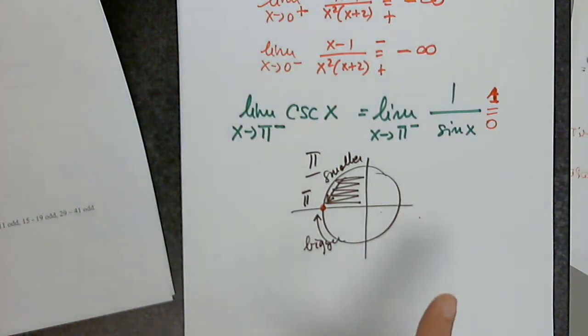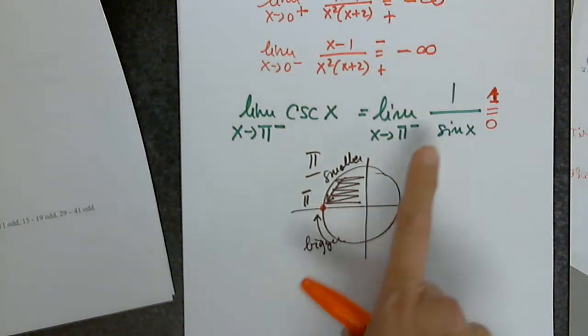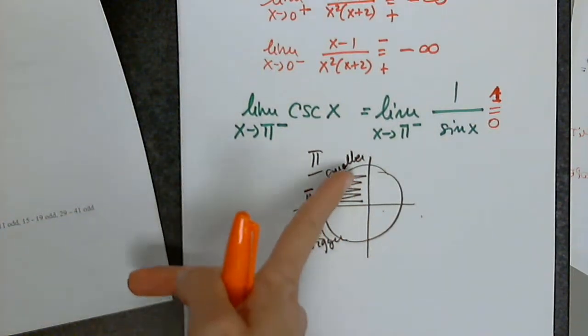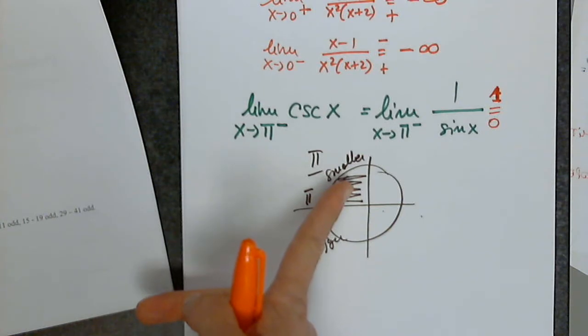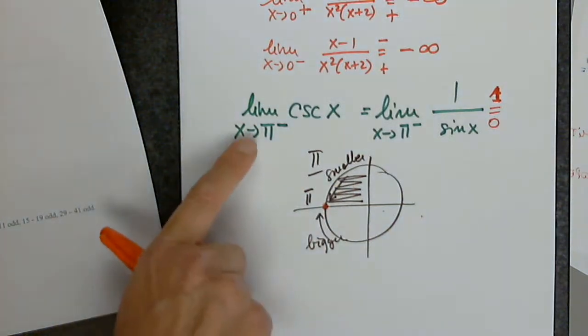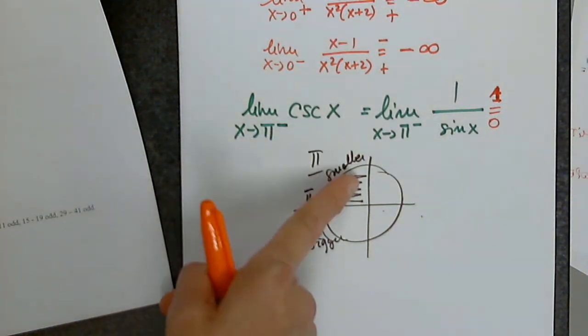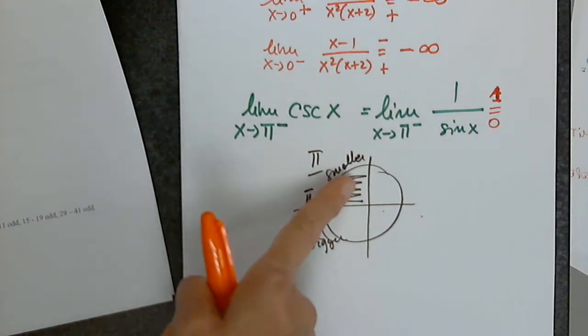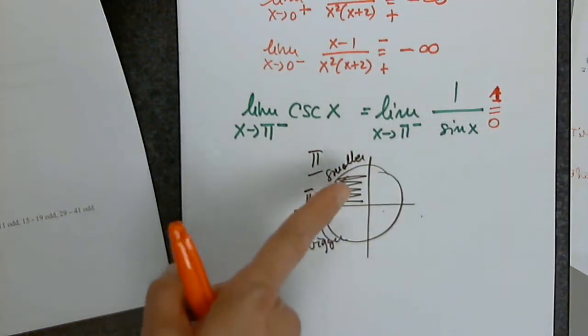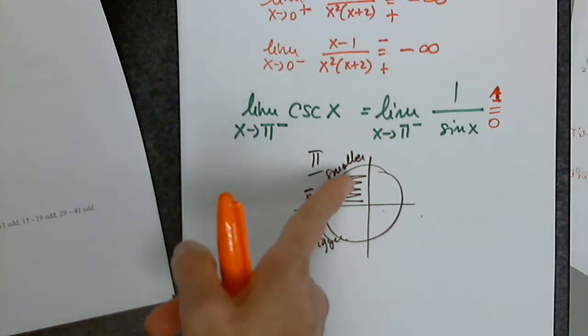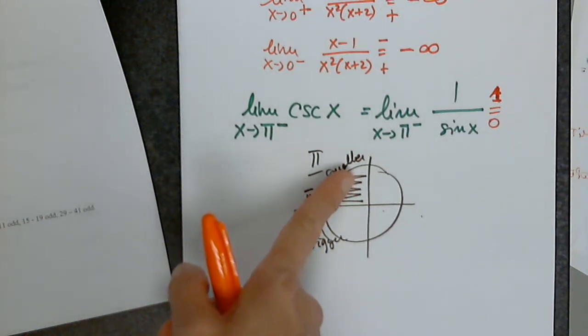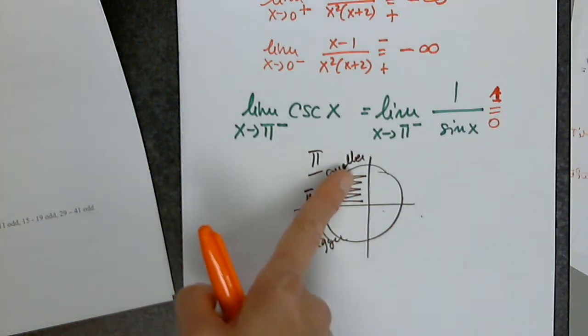Okay. So then now I'm thinking of what is the sign of sine in the second quadrant? Because pi smaller than pi, we are here. What is the sign of sine in the second quadrant? Is it positive or is it negative? Sine is measured on the y-axis.